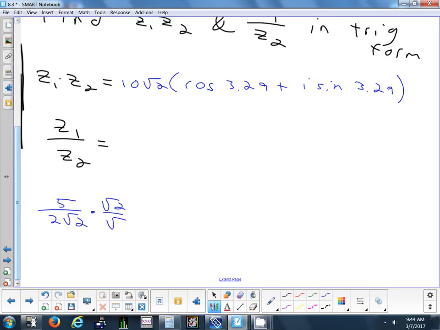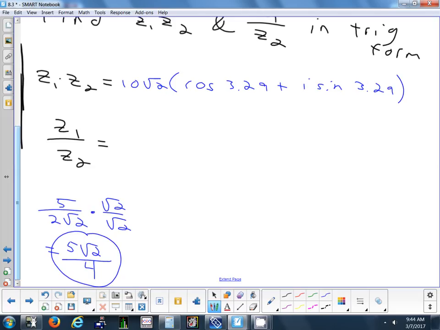Multiply by the square root. This is just arithmetic to fix the root being in the bottom. What do you get in the top? And what's 2 times the square root of 2 times the square root of 2? 4. Right? Square root of 2 times square root of 2 is 2 times another 2.